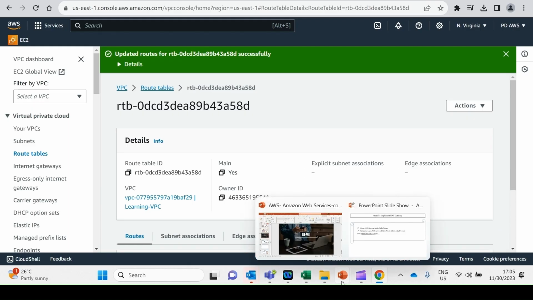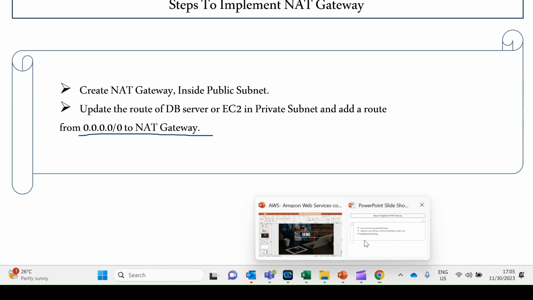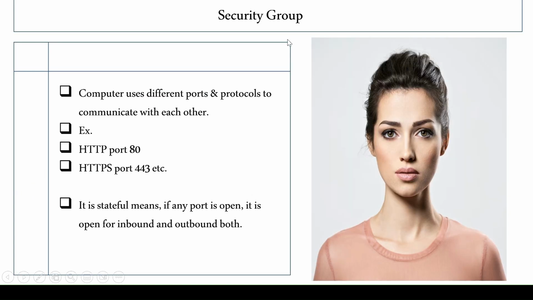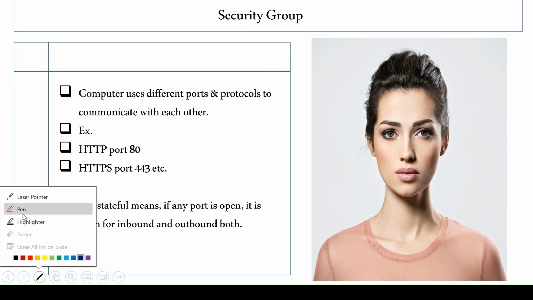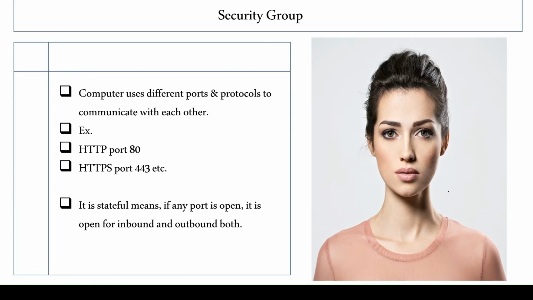Now we have to see, in our next upcoming topic, security groups. A computer uses different ports. If we talk about the human body, we use ears to listen to sound, a nose to smell, and eyes for light. Like this, we use different things for different senses.